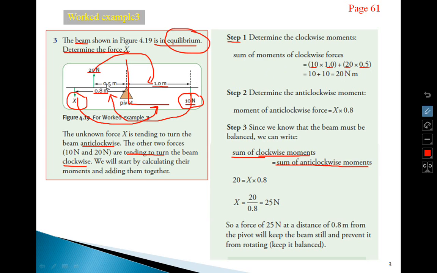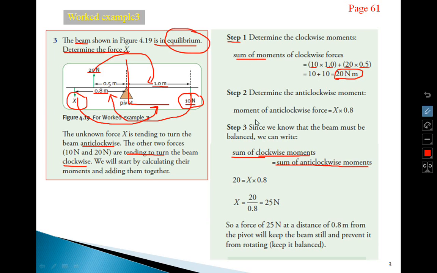Why do we take those forces together, one from the left part and the other from the right part? Because they are tending clockwise. So 10 times 1 is 10, 20 times 0.5 is 10, so the summation of clockwise moments is equal to 20 Newton meter.